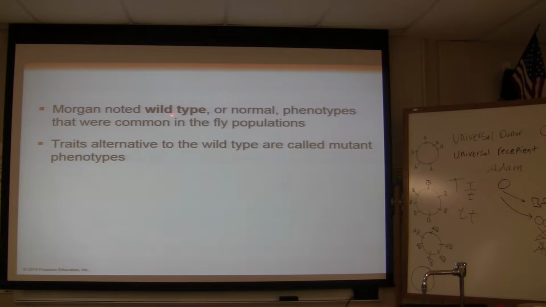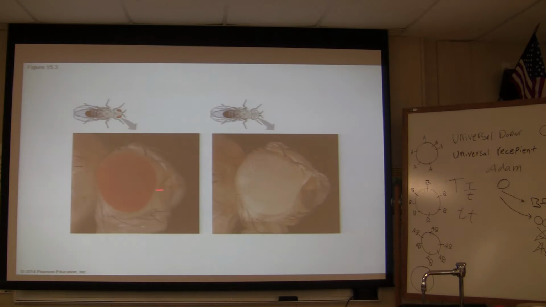So Morgan noted the wild type, or normal one. The wild type is the normal phenotype that was common in the fruit fly population. Traits alternative to the wild type are called mutant phenotypes. Here they are. That's a normal eye.